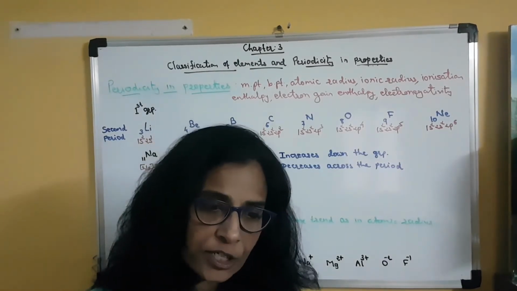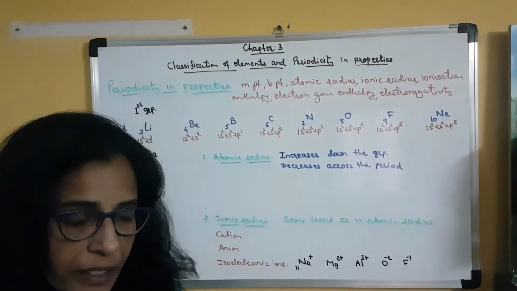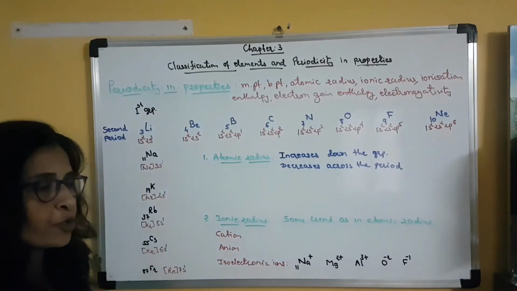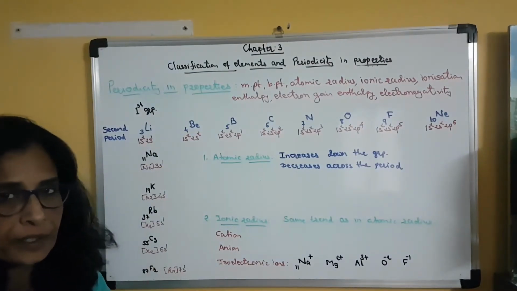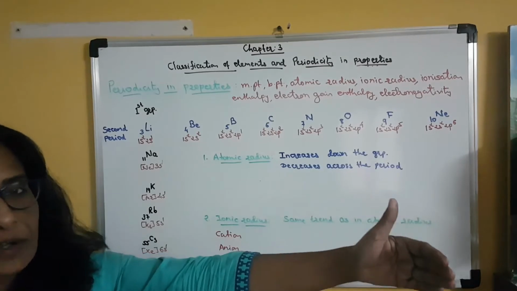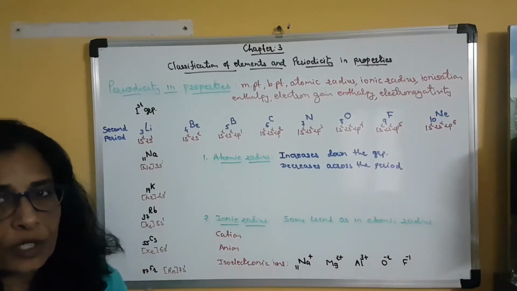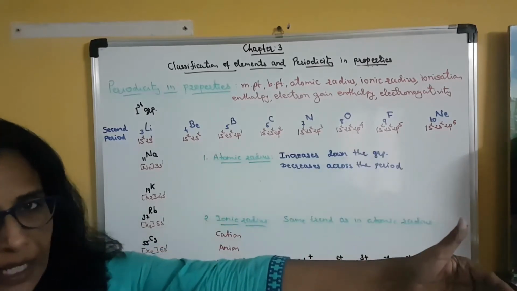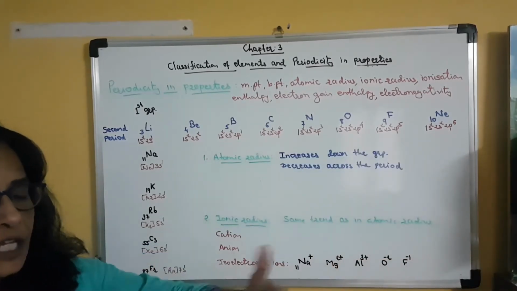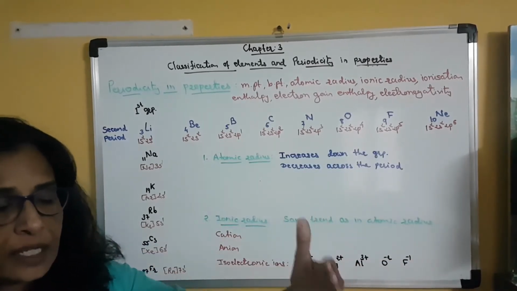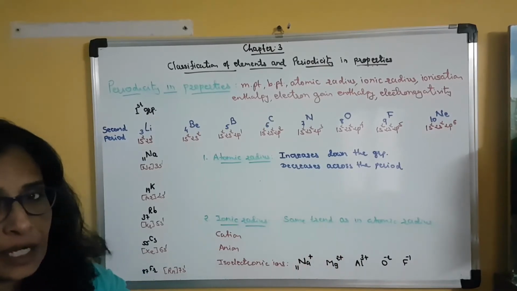And this increased number of electrons in the inner shell provides a shield for the outer electron, that is the valence electron. Clear? So the effect of the nuclear force of attraction on the valence electron will decrease, because in between these two there is a shield of inner electrons.